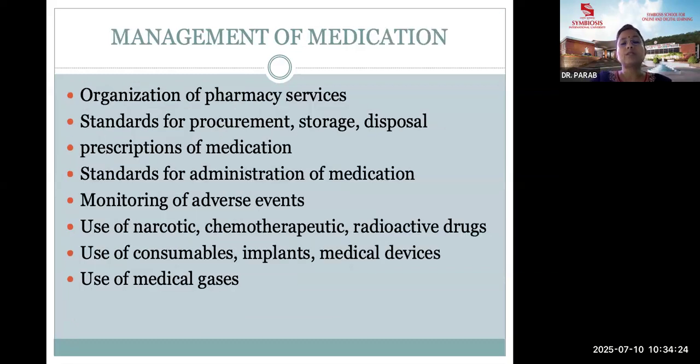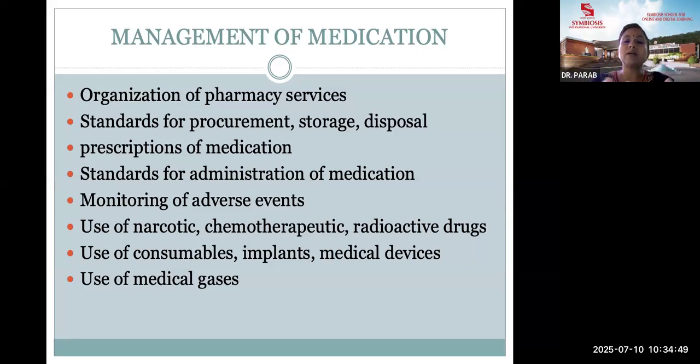The third chapter is management of medication, which is a very, very important chapter, and it's across the organization because medicine is something which is so basic that every patient comes to the hospital to receive medication, right? So if I'm to summarize this chapter in a nutshell, you could just keep in mind the life cycle of a drug.